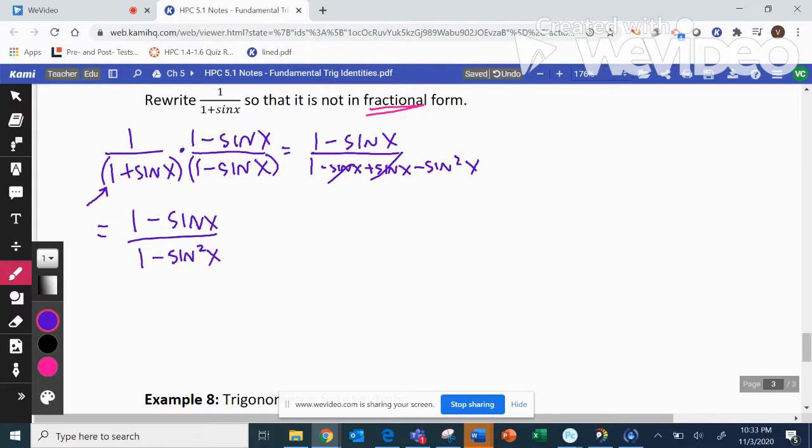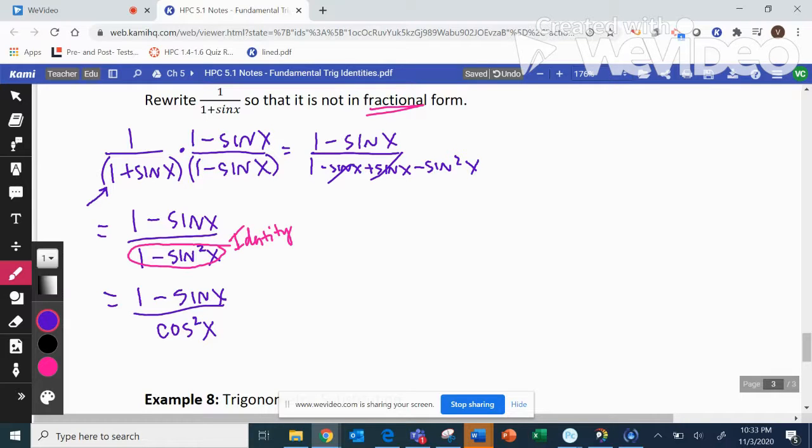Now I purposely put the 1 minus sine x on top, so do not factor it and cancel it right now. What I'm going to do instead is replace this with the identity. Remember what we're trying to do is get rid of the fraction. So now I have 1 minus sine x on top, and on the bottom, I have cosine squared x.